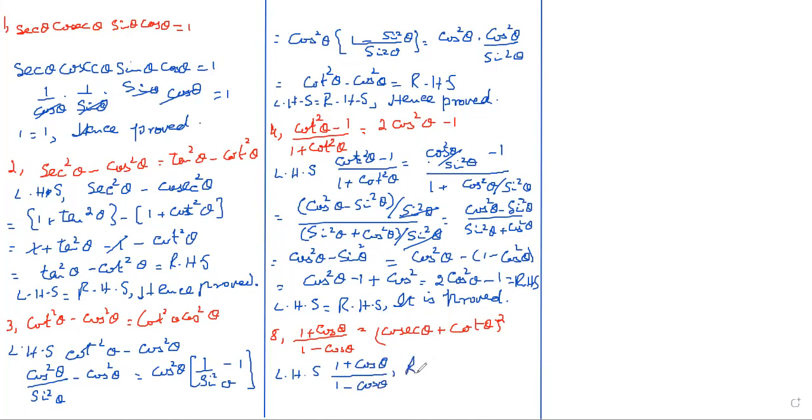Rationalizing it. Rationalizing means rationalizing the denominator, right? So the denominator is 1 minus cosine theta, so multiply by 1 plus cosine theta divided by 1 plus cosine theta.